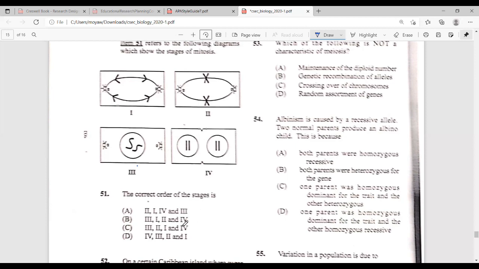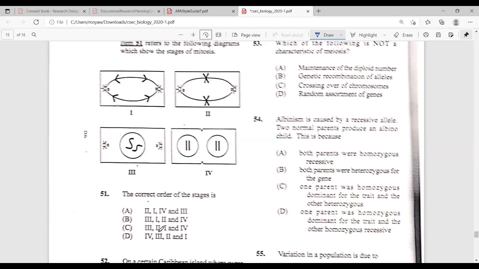Both B and C start with III and also end with IV. So now it can be a little tricky. We have to figure out if I is going to come first or II is going to come first. When I say first, I mean after III.